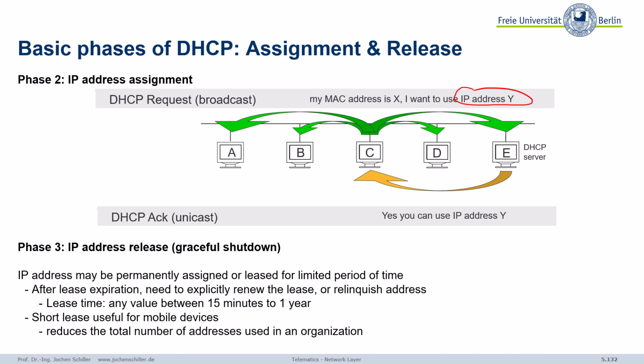You can assign this permanently. Many routers allow you to tell the DHCP server to use this permanently as the IP address, or only lease it for a limited period of time. After expiration, you have to renew the lease. You can free the address, etc. Another benefit of DHCP is that you don't need that many addresses, because you only need IP addresses for active devices in your network.